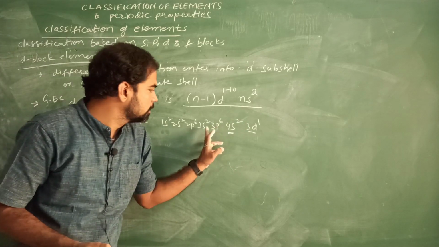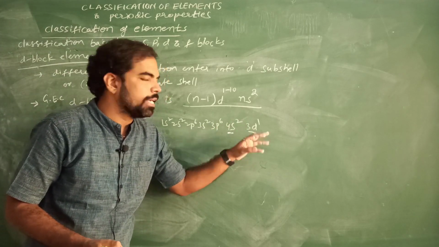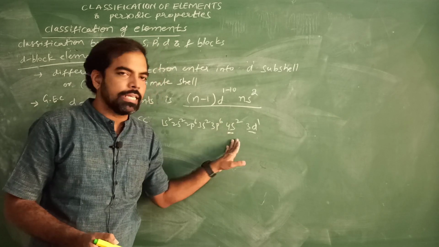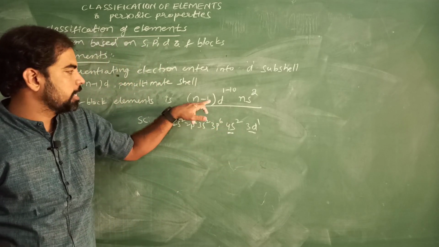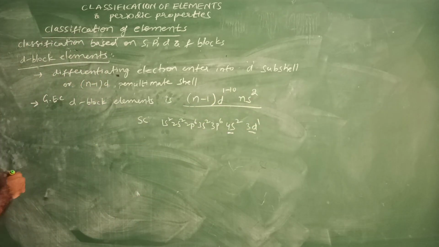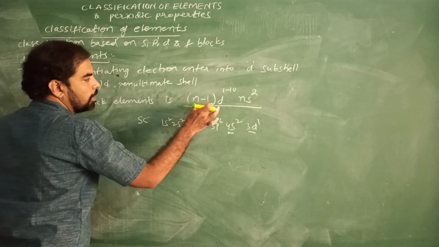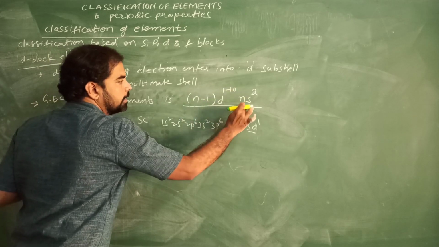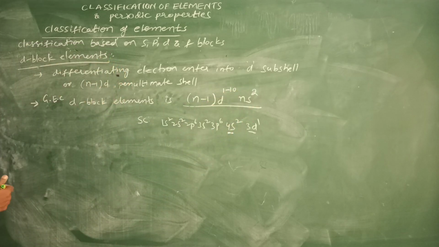We can also represent it as 3s2, 3p6, 4s, 3d. But the general electronic configuration is (n-1)d 1 to 10 ns2. Is it clear? Remember, the general electronic configuration of d block elements is (n-1)d 1 to 10 ns2. Right?